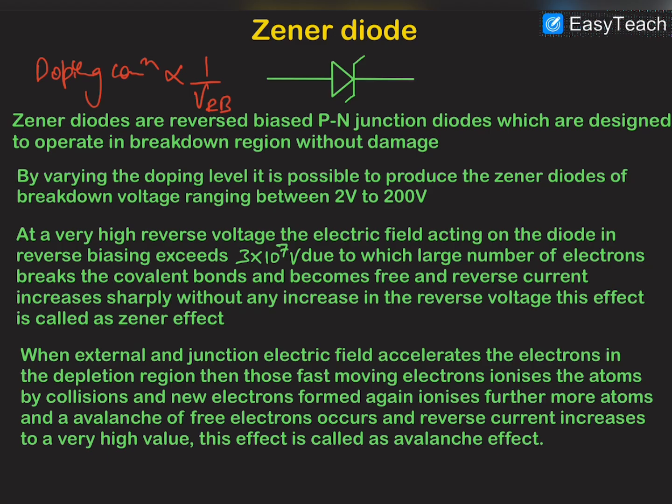Due to these collisions and ionizations, more electrons are produced which are again accelerated in the high electric field, which again ionizes more atoms, and this chain reaction occurs, due to which a very large number of free electrons are produced in the diode. This is called the avalanche effect because a kind of avalanche occurs in the diode, an avalanche of electrons.